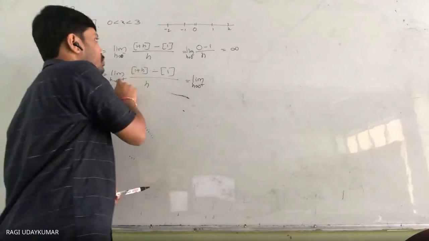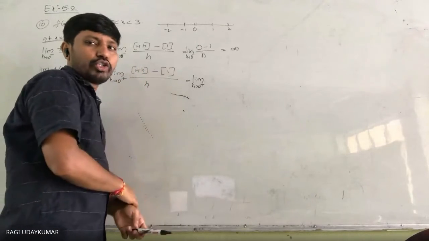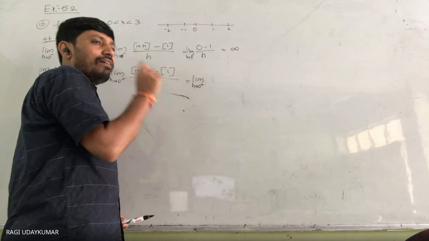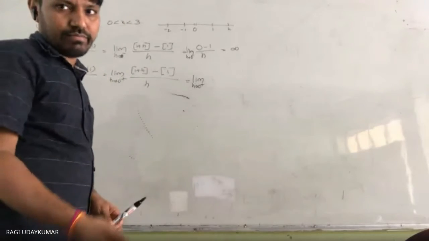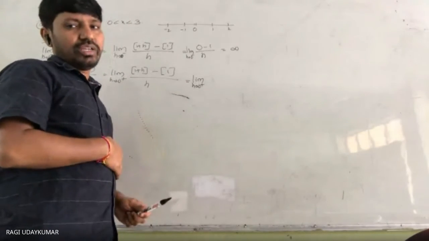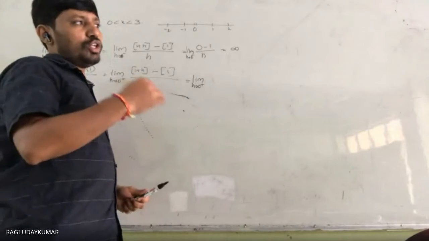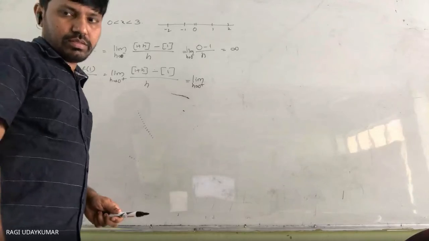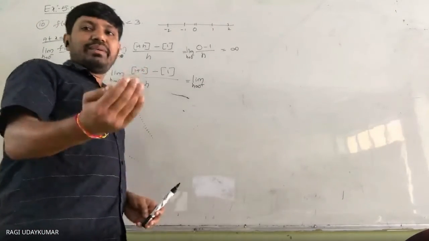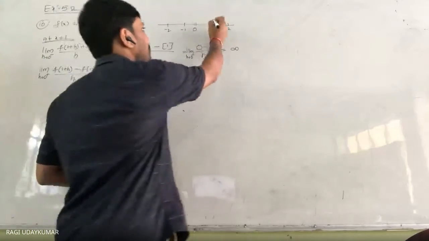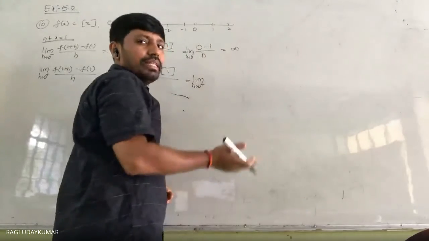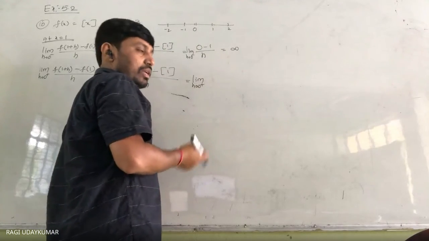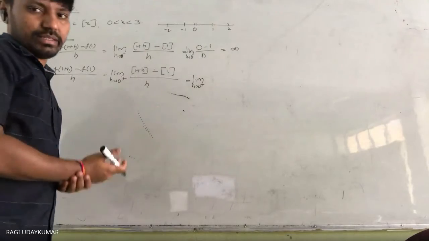Why? Because the h value is 0 plus, which is nothing but a positive number. A positive number when added to 1 becomes 1.0000001, if h is approximately that value. The greatest integer less than or equal to that number is 1 only.